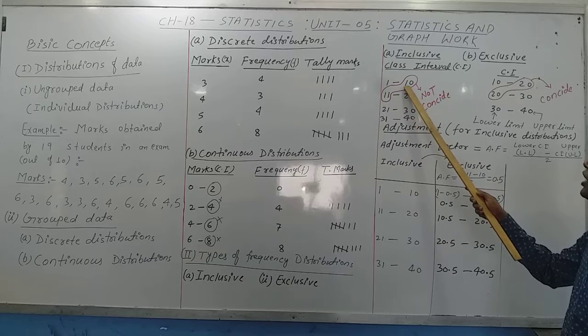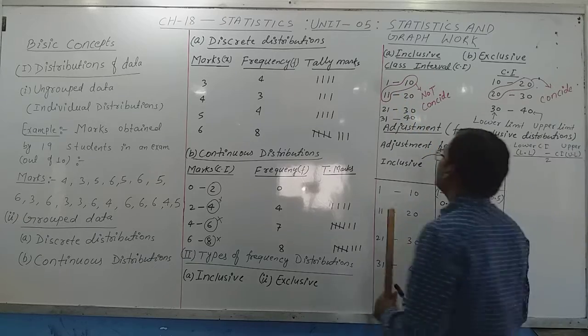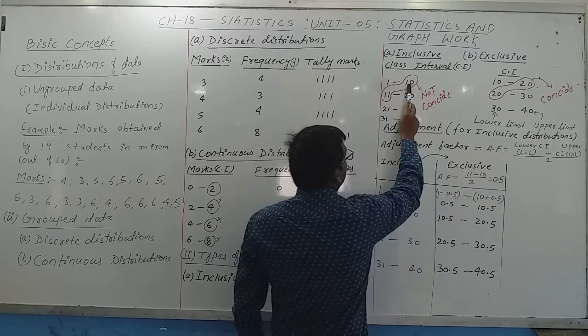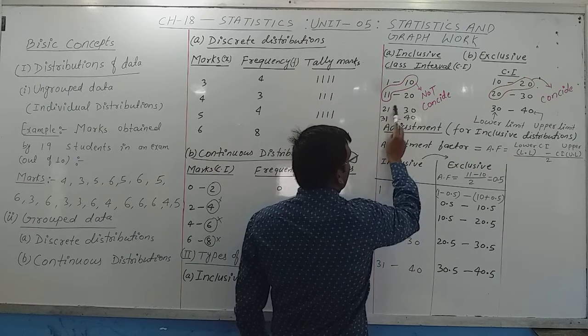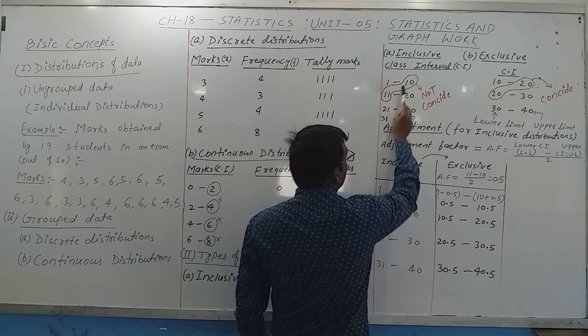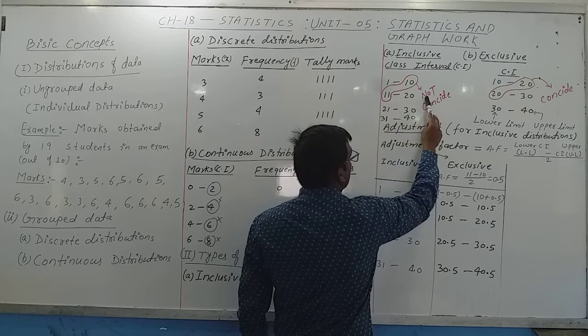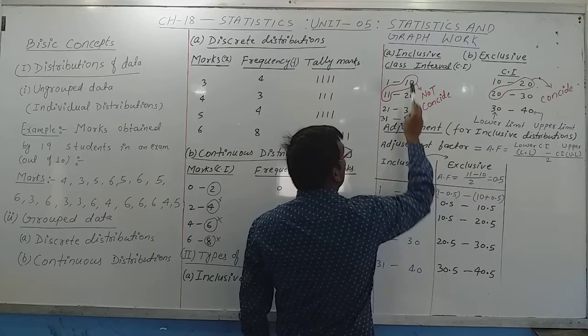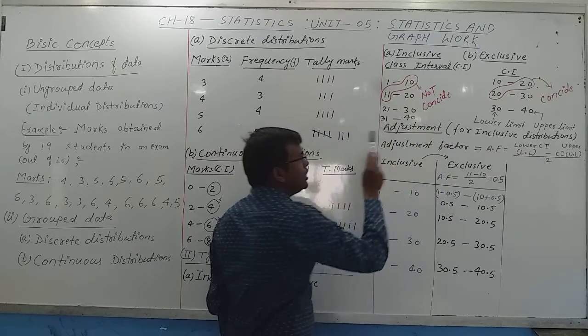It is in the form of continuous, but it is not in the inclusive exclusive way. That means, see here, it is the 10, it is the 11, 20, 21, both are not common. Here it is also not common, that means not coincide. Then this is called inclusive distribution.